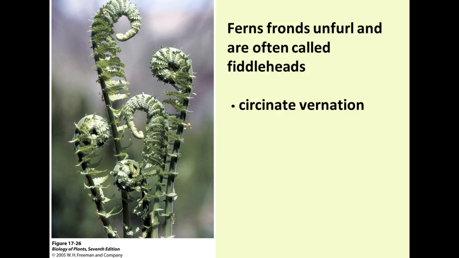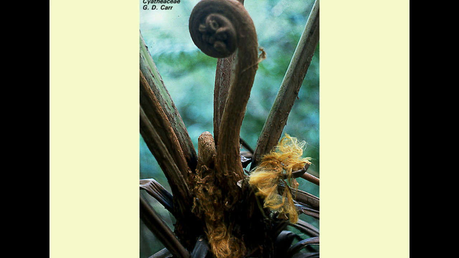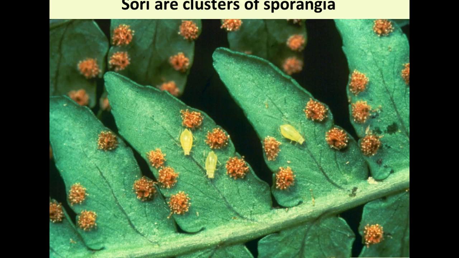I don't know which ones are edible out here yet, but I will find out. Don't worry, I'll look it up before I eat them. They have something called circinate vernation, which describes what they're doing right here. Fiddlehead. And here we've got some sori and some aphids, actually. So this is what the sori look like.